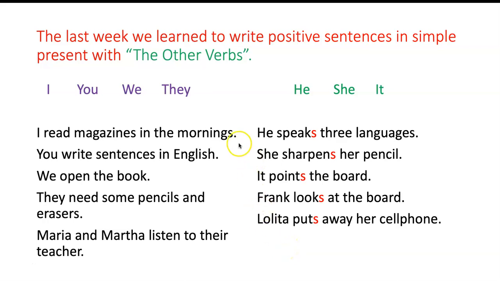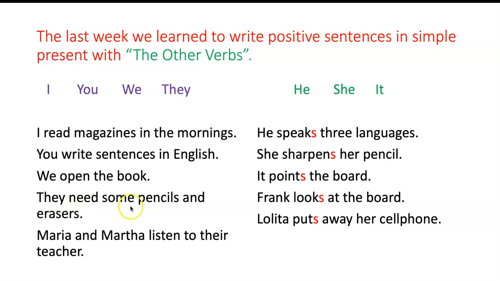First, we are going to review these sentences that we have here with the personal pronouns I, you, we, and they. I read magazines in the mornings. You write sentences in English. We open the book.